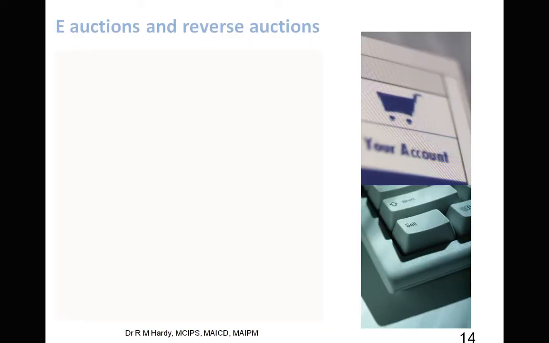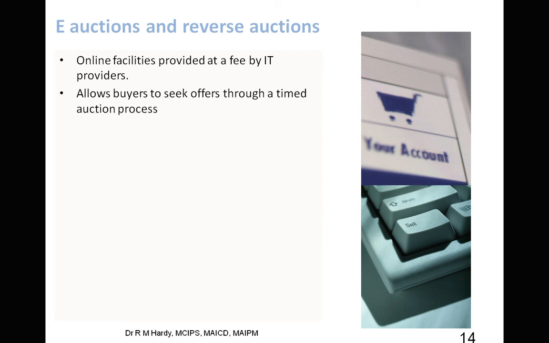And then similarly, e-auctions and reverse auctions. These things are, again, not very common in terms of construction, but we kind of need to know about them as a system. And really, it is essentially an online auction that one has to go into to bid for the provision of services.